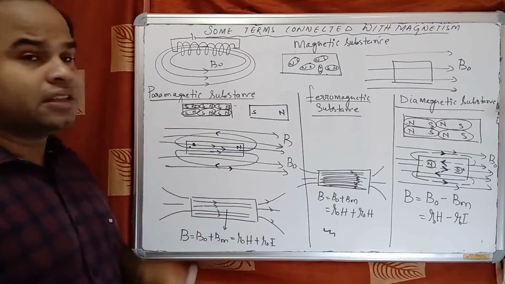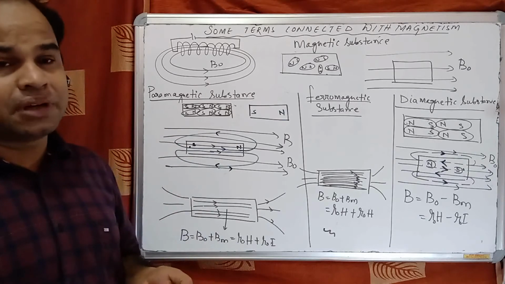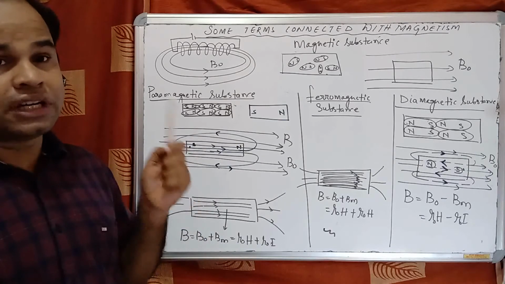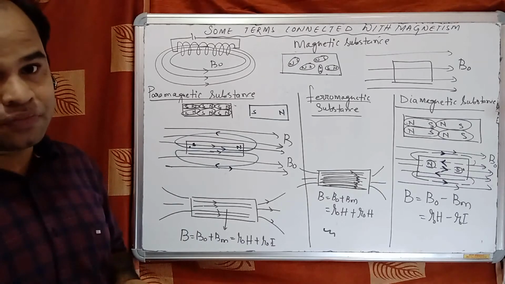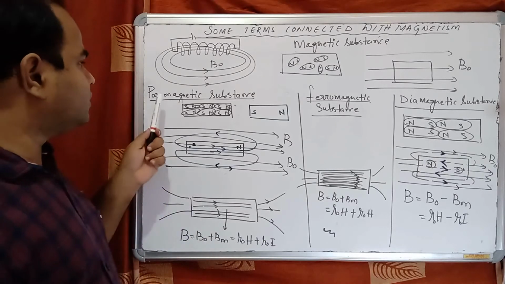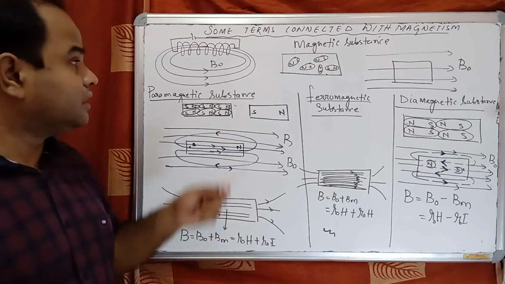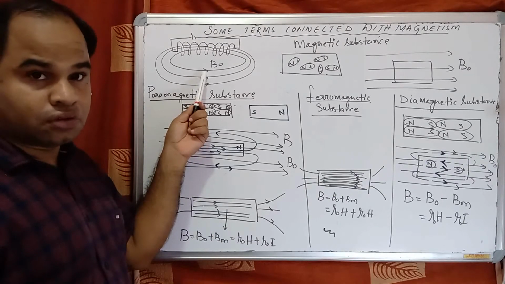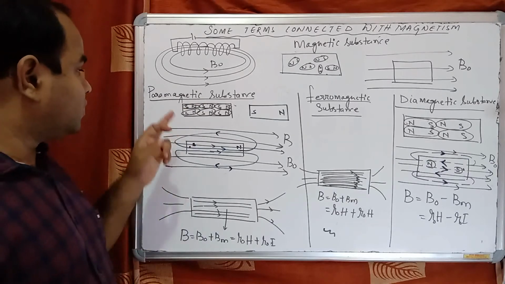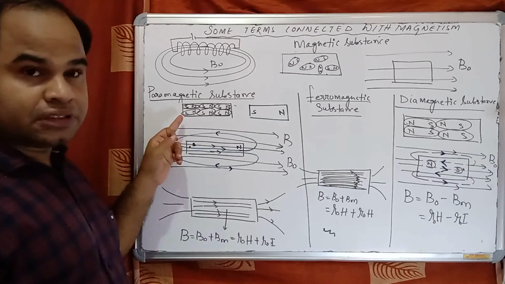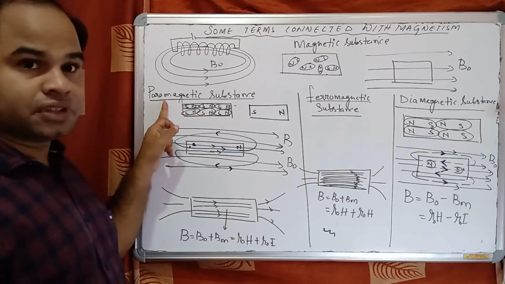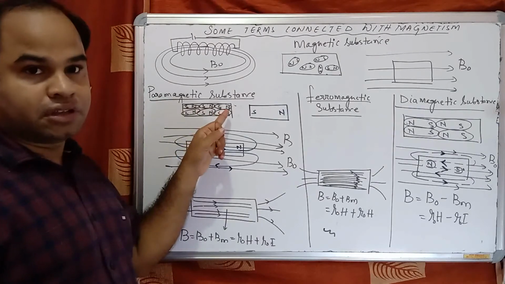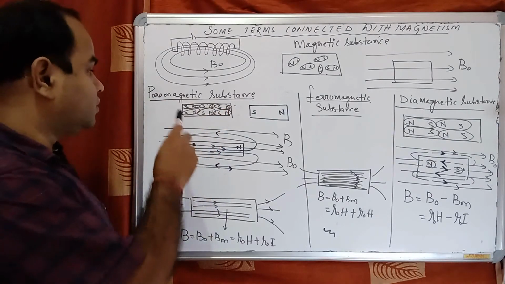This paramagnetic substance is attracted by the magnetic field or by the magnet. So when we place this paramagnetic substance in the external magnetic field, or the magnetic field produced by the solenoid, the dipoles present in it are aligned in a particular direction, like this order: south, north, south.